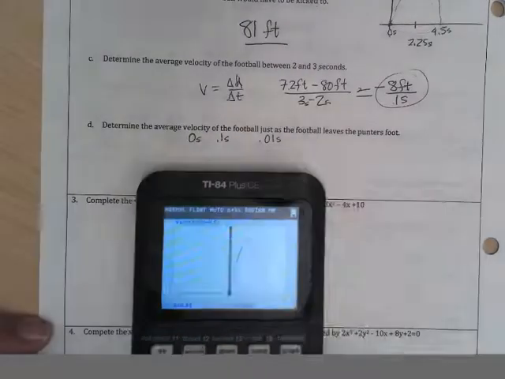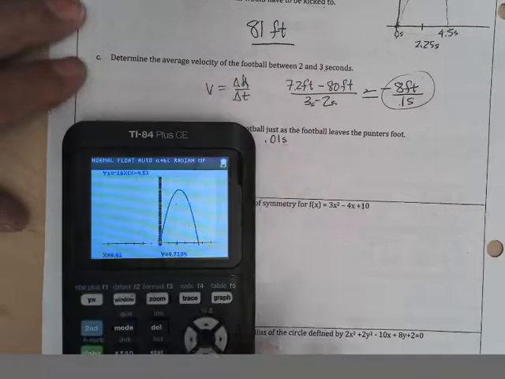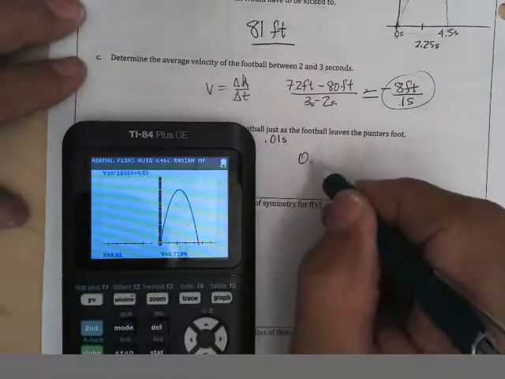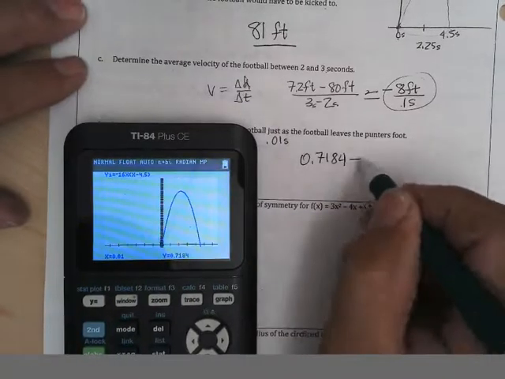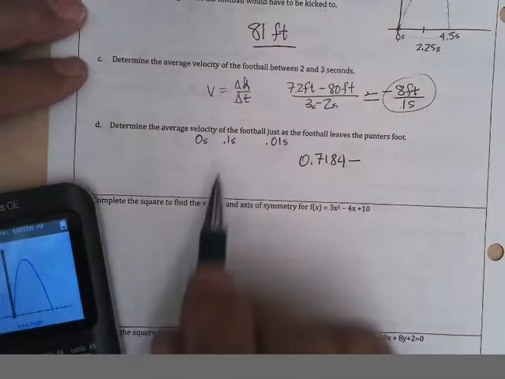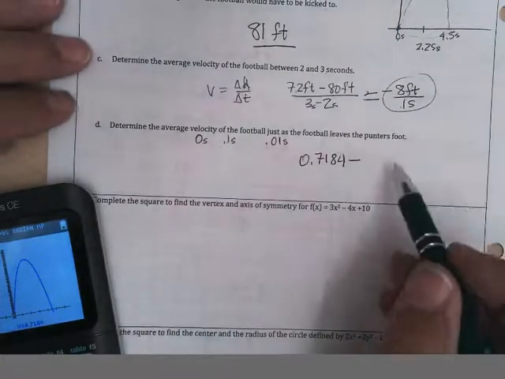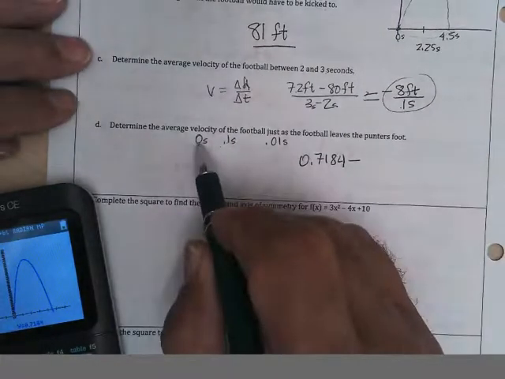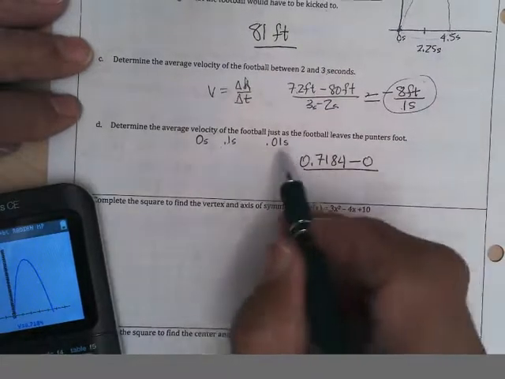So it just left its foot. According to my calculator here, it's at 0.7184. Remember, we're just estimating, so you could have used 0.1 in the equation, or 0.2, something close to 0. Minus what was the height at 0. If I put 0 in, I get 0 over the change in time.